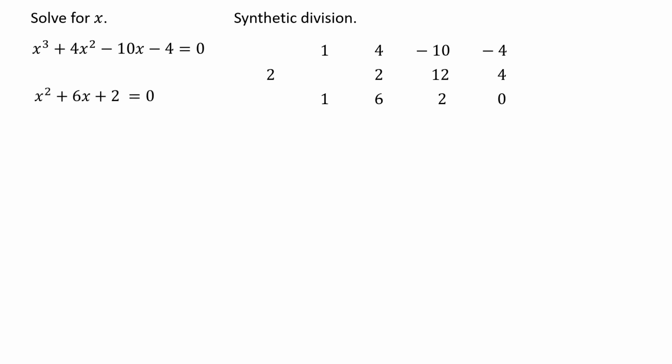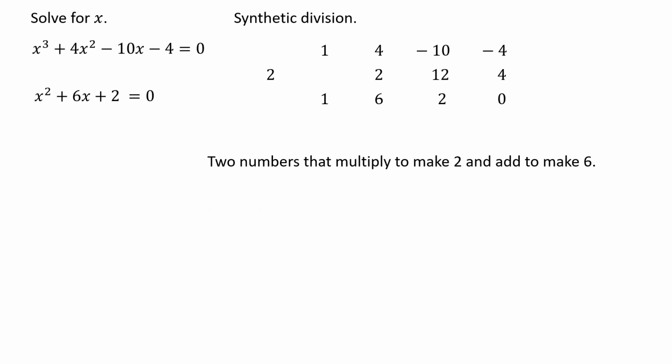All right, and of course my resulting equation is x squared plus 6x plus 2 equals 0. I just read that from the bottom line of that synthetic division. And so now I just got to think of two numbers that multiply to be 2, but add up to 6. Let me see, they have to multiply to be 2, but they have to add up to 6.